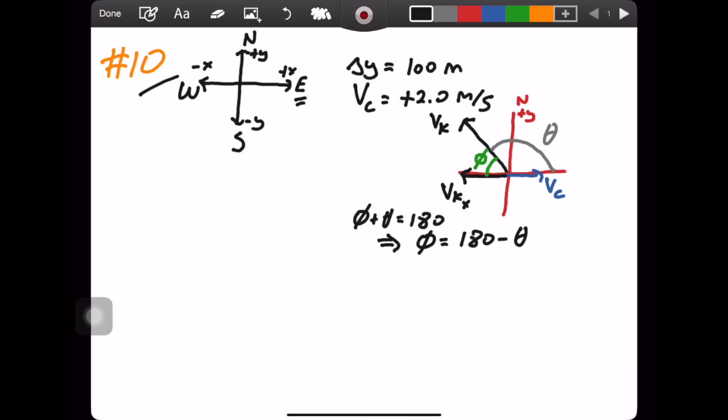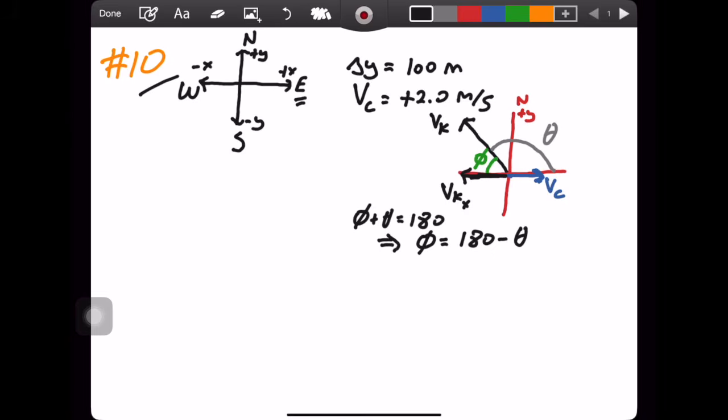So I want to reiterate that if there's this current that's going to the right, if we're going to go straight across the harbor, then the x component of our velocity has to be equal and opposite. So we need to figure out what that angle phi, green, you see the green phi, is. And when we do that, we can break the kayaker's velocity into x and y components. And we already know that the x component has to be equal and opposite the current.